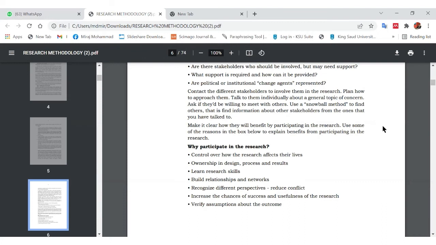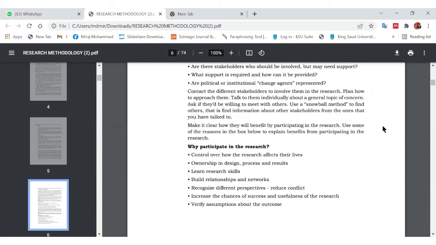If you manage the people, the projects, the processes, and the budget, all of these can be put in one category. So you can build relationships and networks. You can recognize different perspectives.